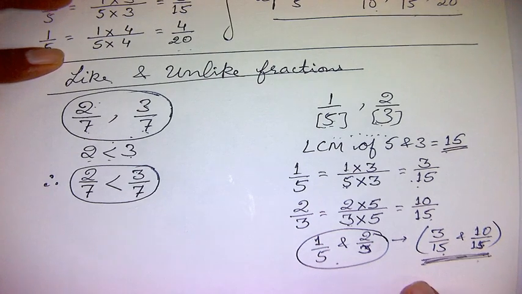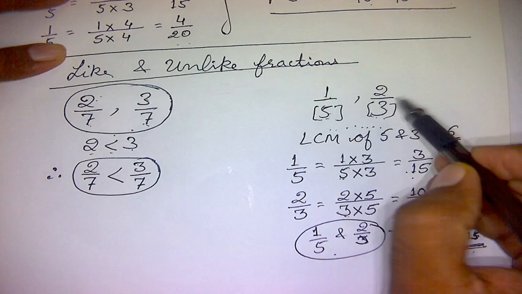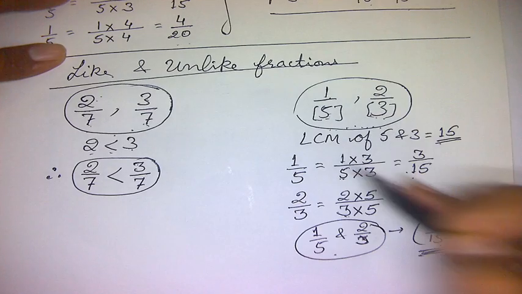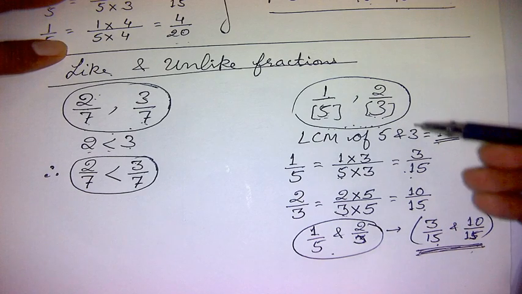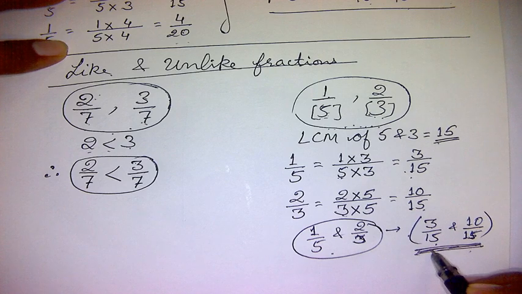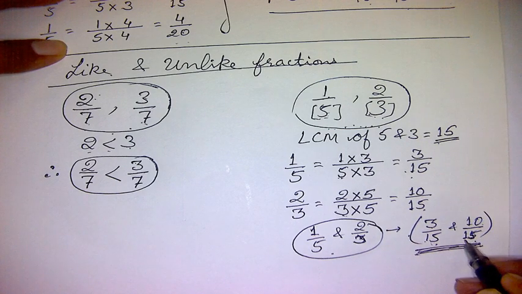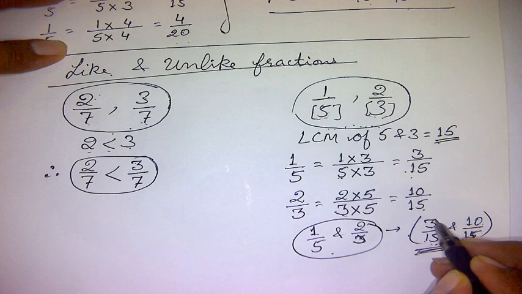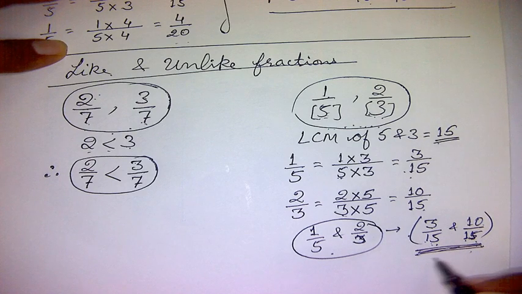Same is the case with these two other fractions also, 1 upon 5 and 2 upon 3. Here they were not like fractions, so we cannot compare them directly. So what we do is, we convert them into like fractions. And what are the fractions we get? 3 upon 15 and 10 upon 15. Now you can compare them very easily. The denominators are equal, therefore the numerators will be compared so that you can easily find out which is smaller and which is greater.